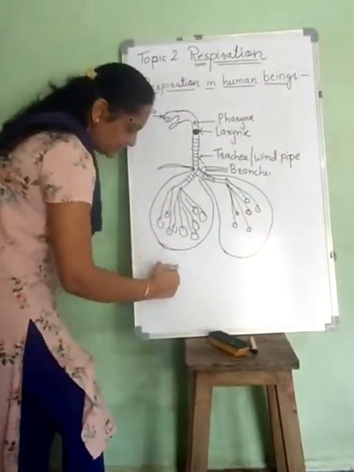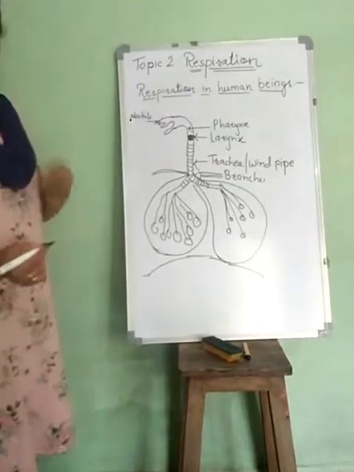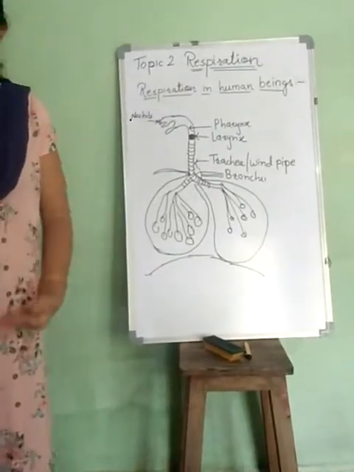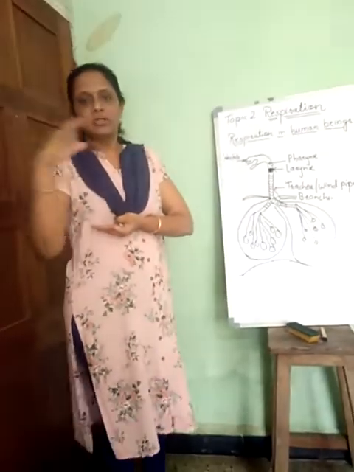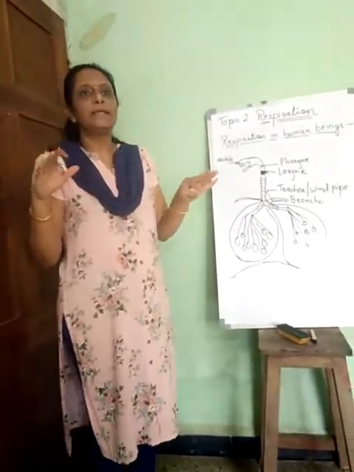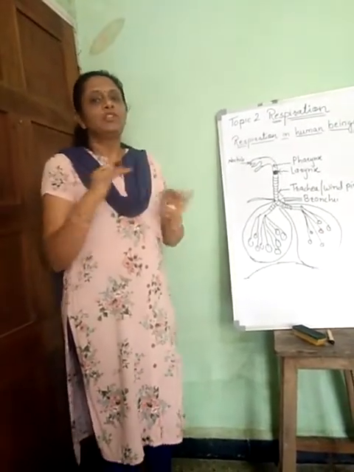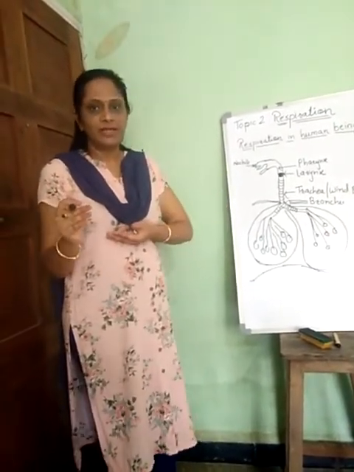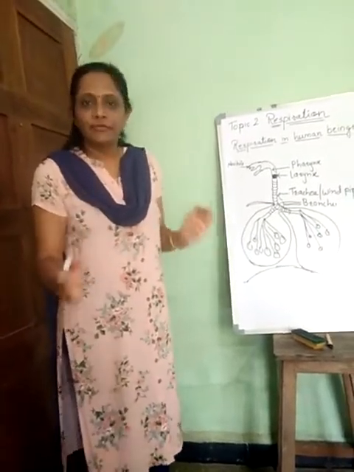The lungs are situated exactly above the diaphragm, which separates the chest cavity from the abdominal cavity. In Marathi we call it a parda-like structure, which is called the septum and in scientific language the diaphragm.